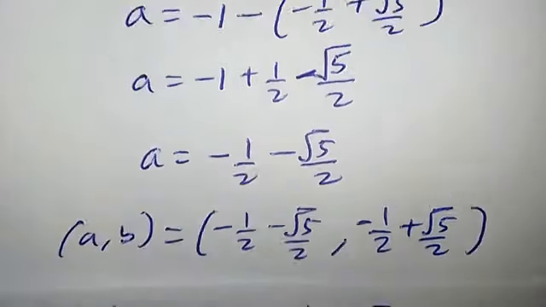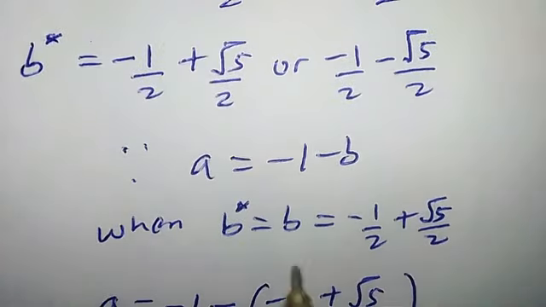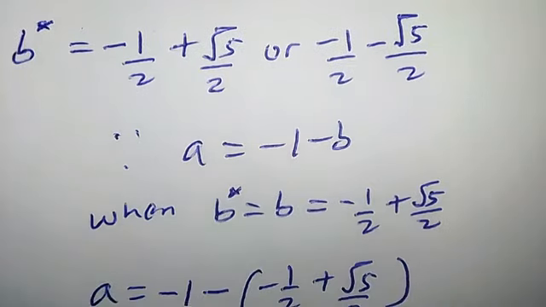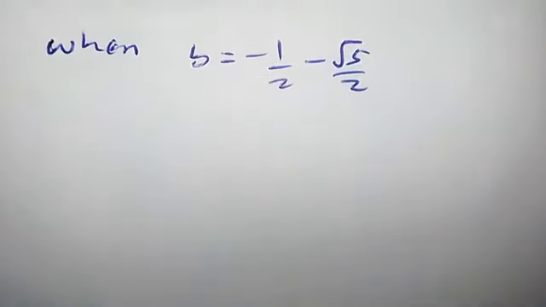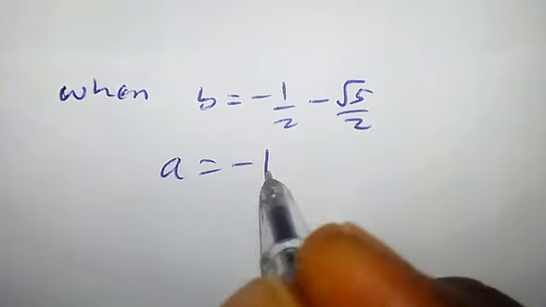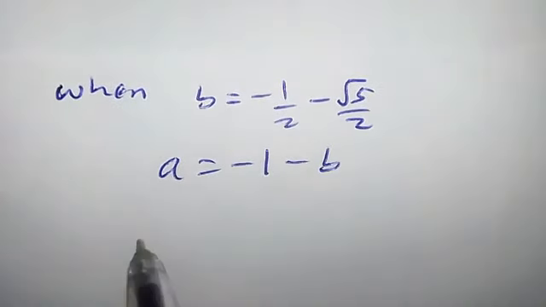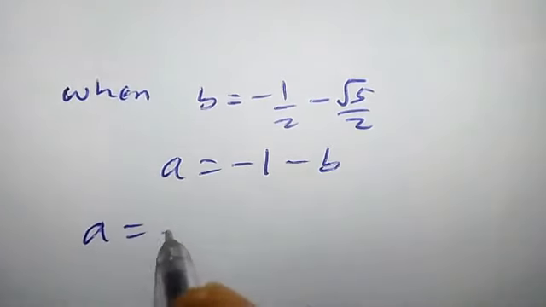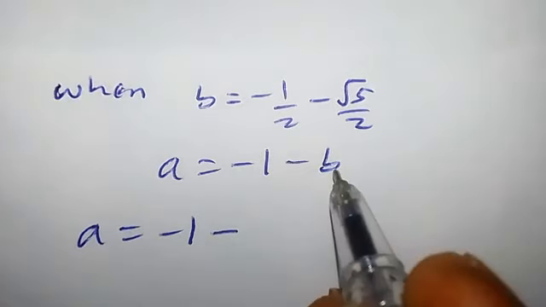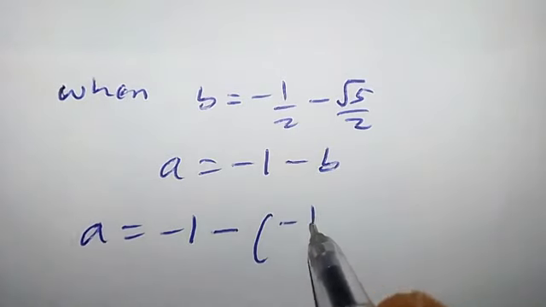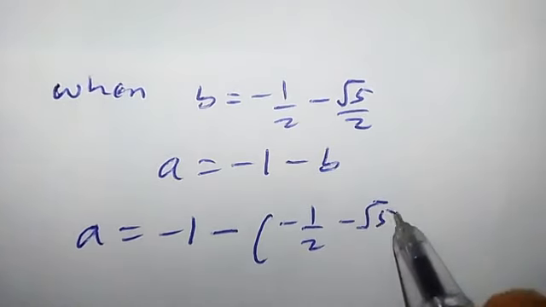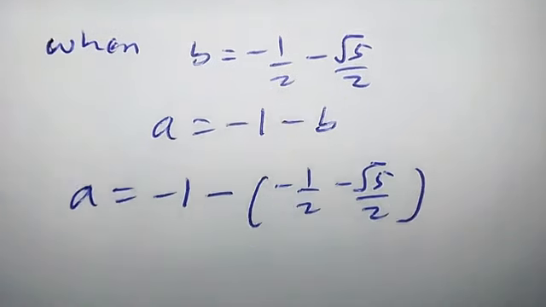we will now substitute these values of B into this: A equals minus 1 minus B. So A equals minus 1 minus, what is B? This is B, minus half minus square root of 5 over 2.